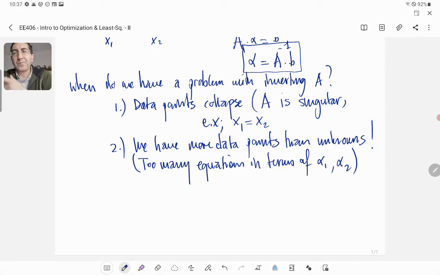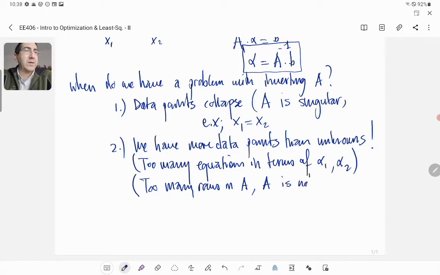So this means you have too many rows in A, it is not square, and hence not invertible.